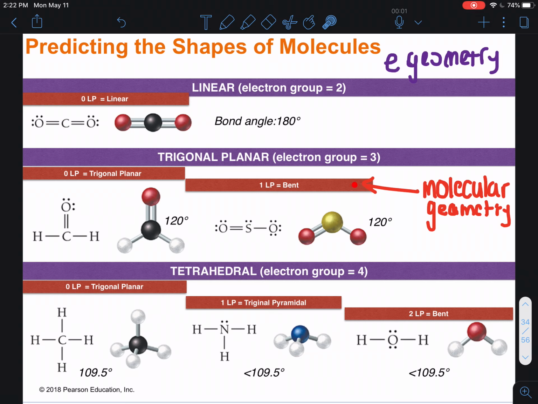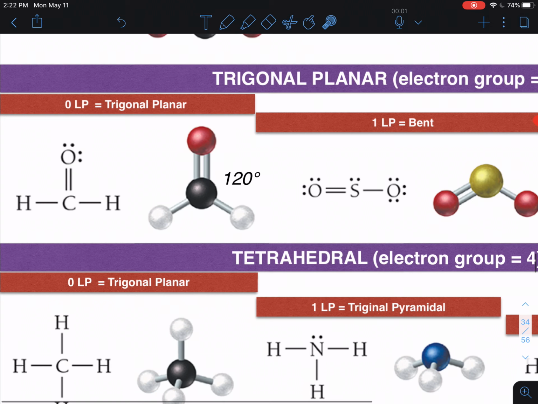If we have 1 lone pair, then we have a bent molecular geometry. Jumping down, or I should say up, to the 4 electron groups, that's a tetrahedral electron geometry. If we have 0 lone pair, that is a trigonal planar molecular geometry. That's a mess, I'm sorry. That is a total typo.